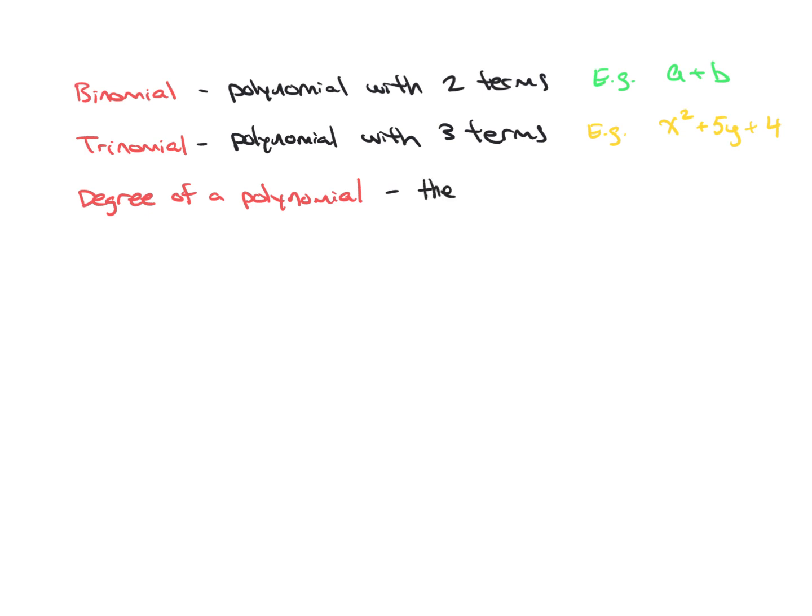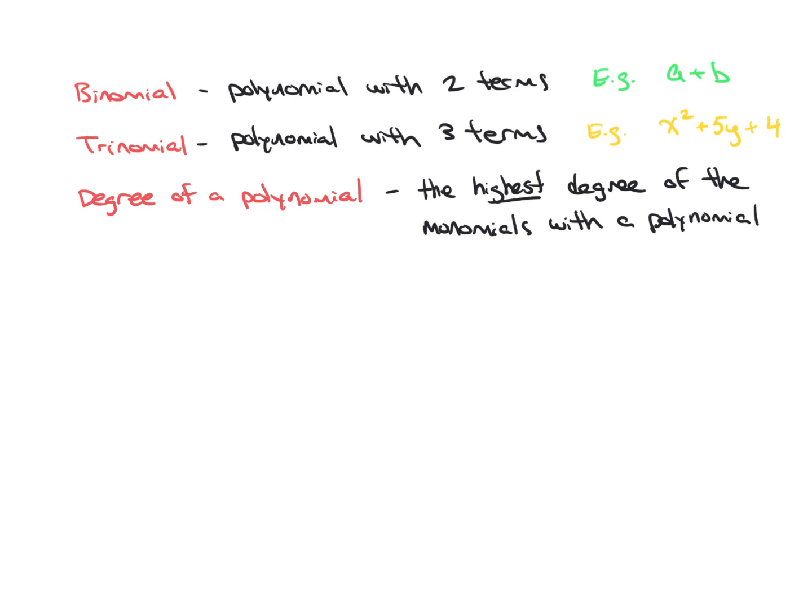It's going to be the highest degree of the monomials within a polynomial. So it's not all of the degrees added together, it's the highest one. So I'll give an example.